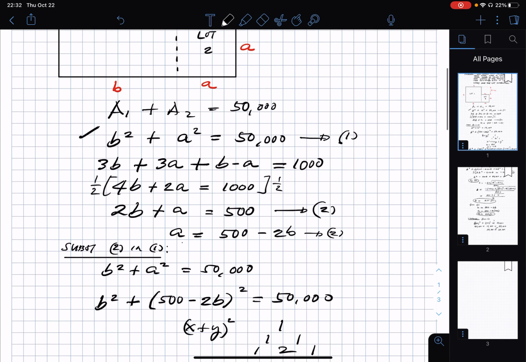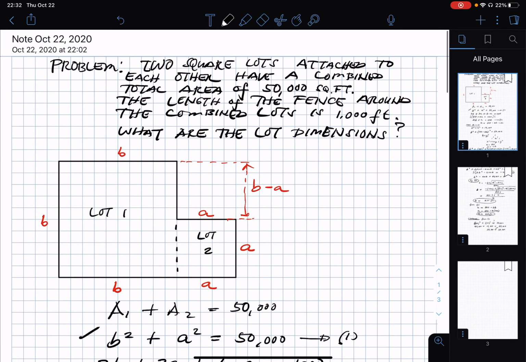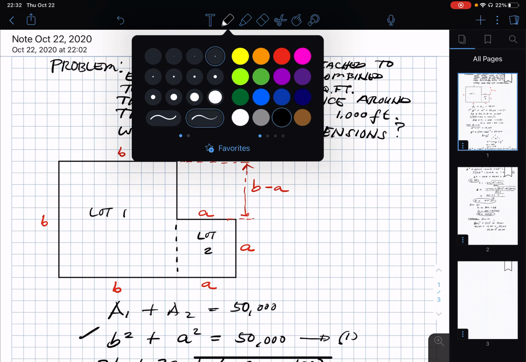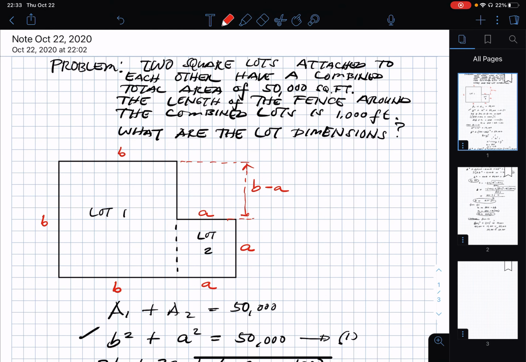So the dimensions are, I can change the color here. This is 200 feet, and this is 100 feet.